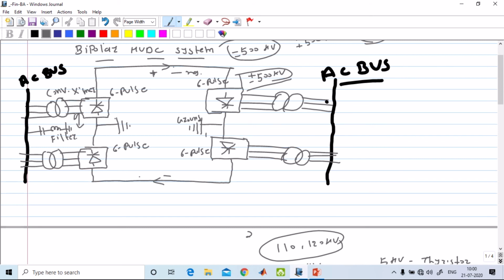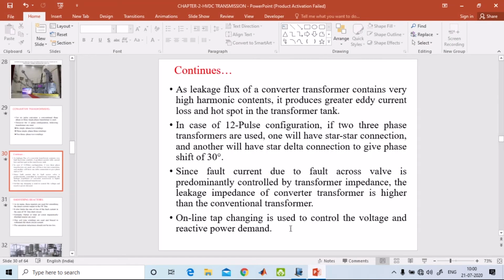Clear? So intentionally we design the converter transformer in such a way that the leakage impedance or leakage reactance is very high, so that we can limit this fault current to a reasonable value. That's why the conventional transformer and these converter transformers are different.